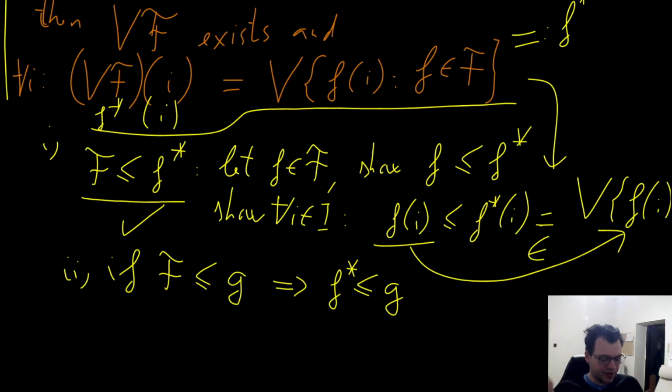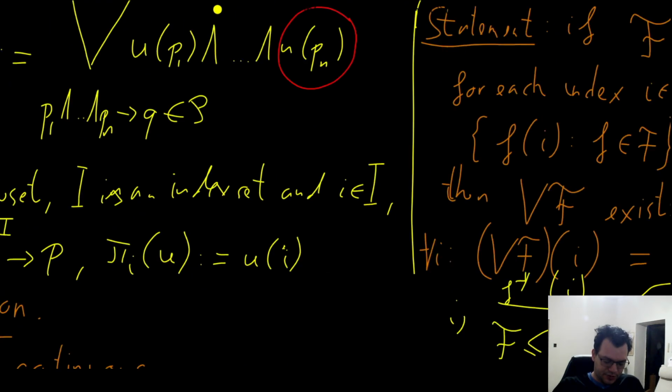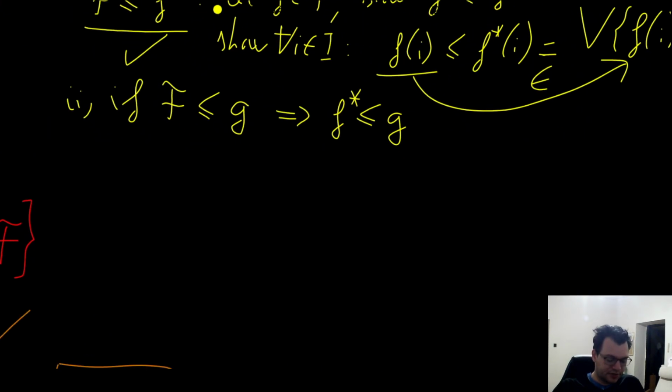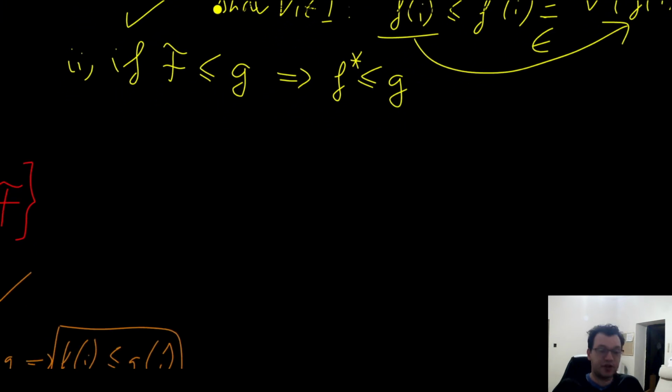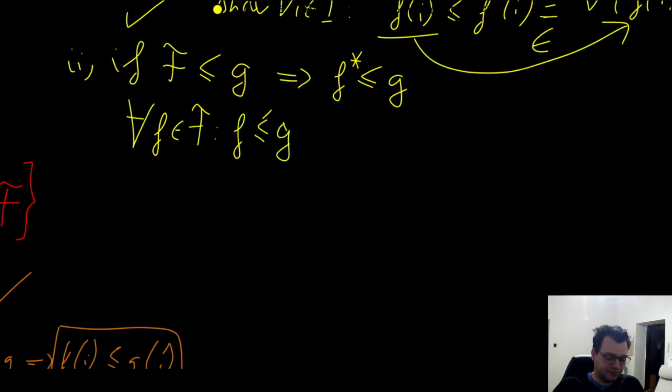So it should be an upper bound, and it should be the least upper bound. So the least part is here. So okay, if F is smaller than or equal to g, then it means that for each f in F, we have f being smaller than or equal to g. Yeah, that's fine.